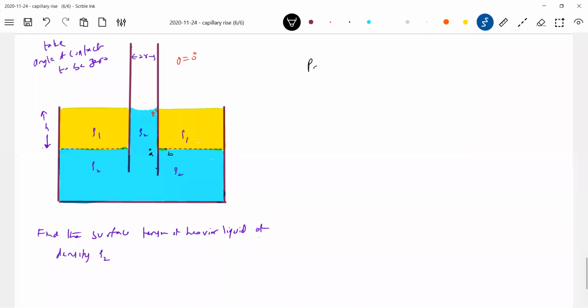So pressure at A should be equal to pressure at B. What equation can you write here? The radius of the meniscus is needed. So here I'll write C and this is D. Pressure at D equals pressure at C plus 2T by R, where R is the radius of the meniscus. Pressure at D is P naught.